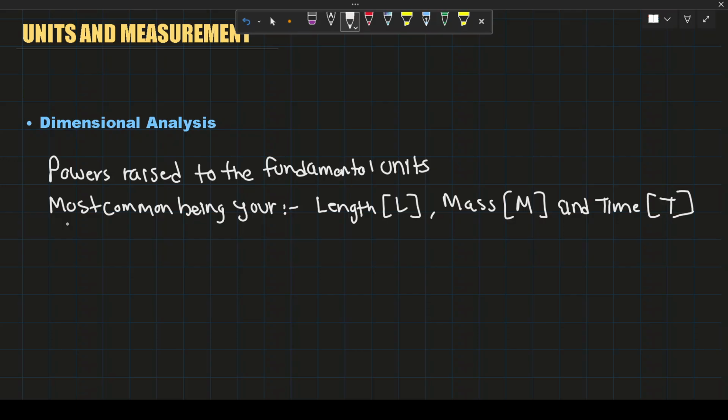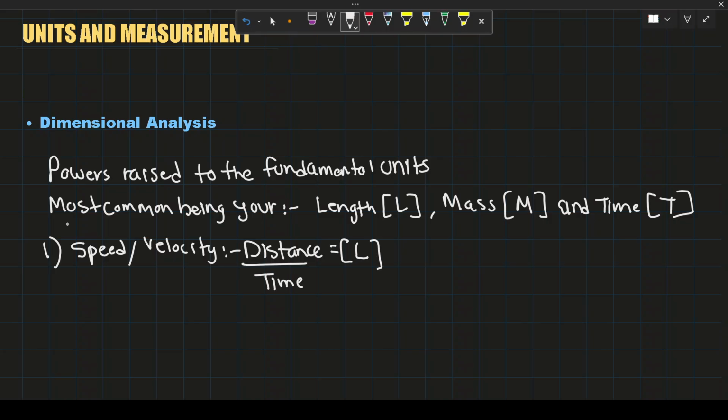Let's say for example we take speed or velocity, which we all know is distance upon time. So distance is length, time is t. So the dimensional formula will be written as, there's no term of mass, so M0 L1, and time being the denominator will be written as T minus 1.